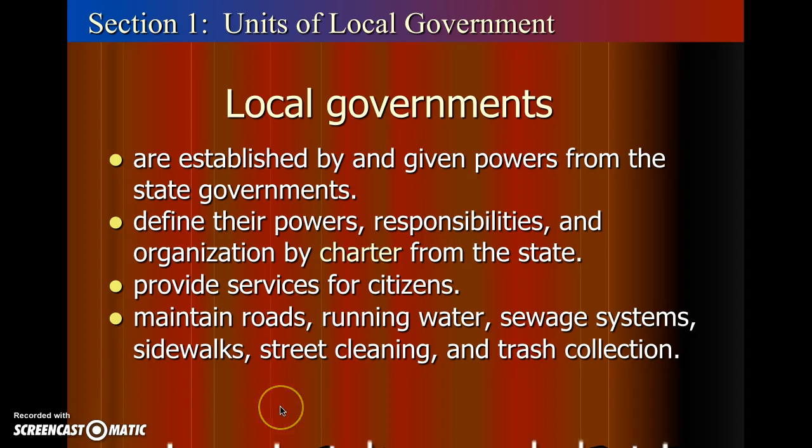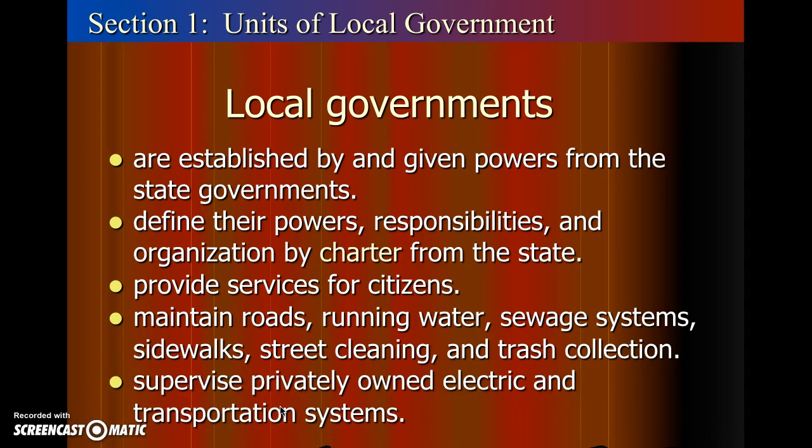Okay, now as far as electricity is concerned, we've said before that in countries like the United States, competition is what really makes our economy run. Different businesses competing against one another. However, when it comes to something like electricity, it's best if you only have one provider.